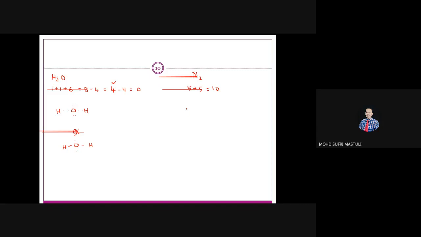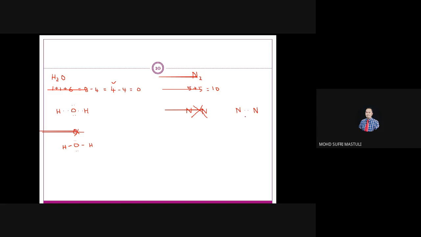Now we write the symbols and we try to connect from one atom to another atom.